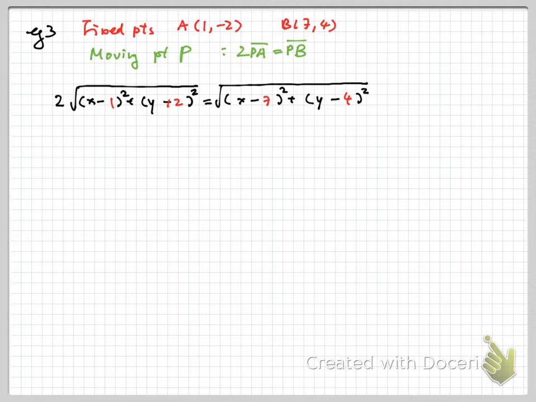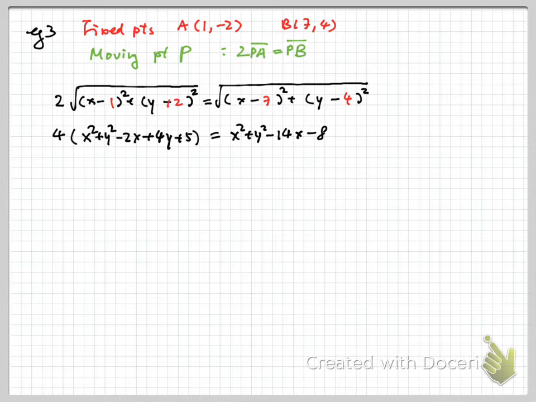Perhaps it is a good idea to take square on both sides. What is inside is x squared plus y squared minus 2x plus 4y plus 5, inside the square root. And then on the right hand side we have x squared plus y squared minus 14x minus 8y plus 65.